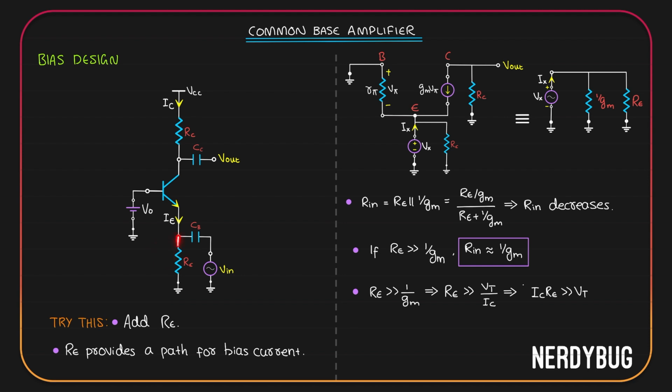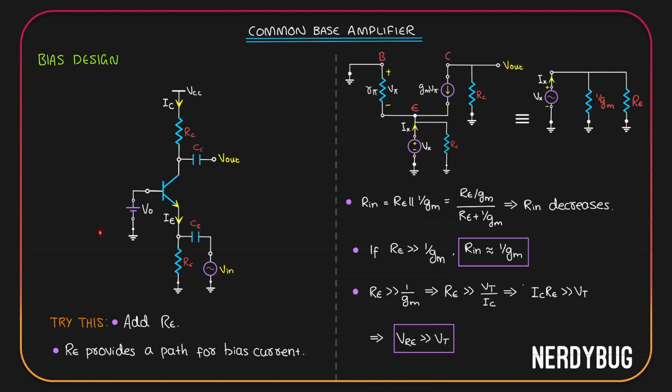Current flowing through it is IE, but IE is obviously almost equal to IC. So we can say current flowing through Re is IC. That means IcRe is the potential drop across Re. So the condition we have is actually VRe must be very much greater than the thermal voltage. So that problem is solved.